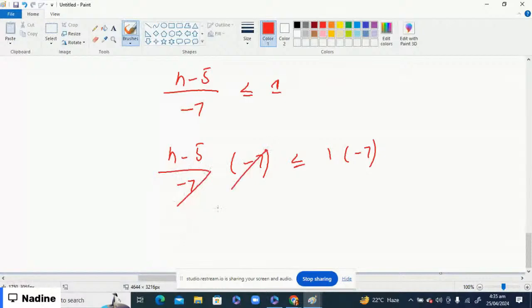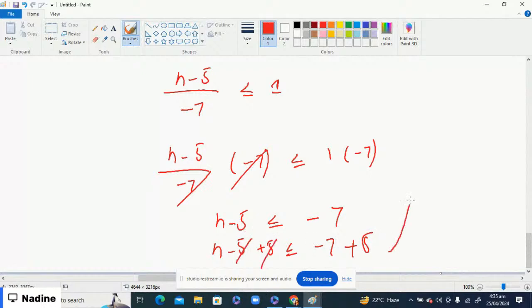So this should be cancelled, and here the thing which is left is minus 7. So h minus 5 plus 5 equals minus 7 plus 5. What's the answer? So h is minus 2.